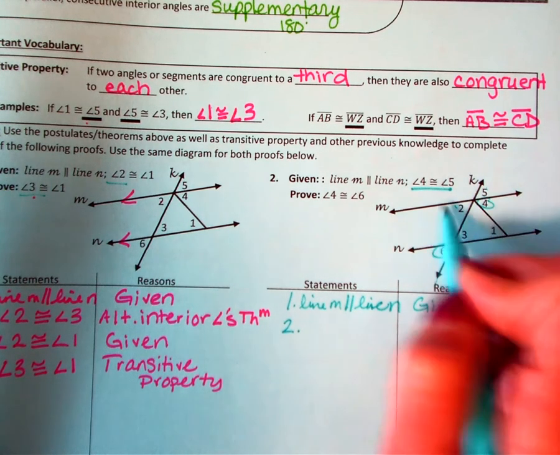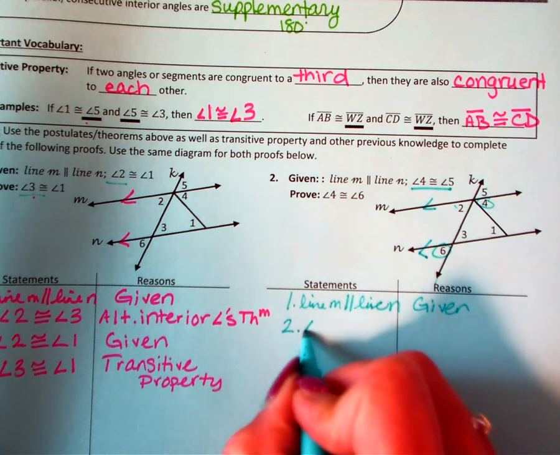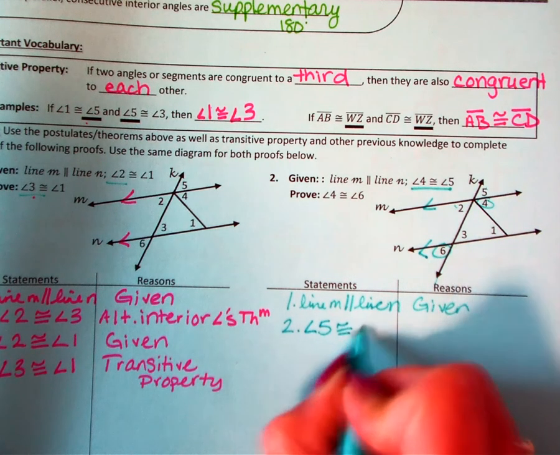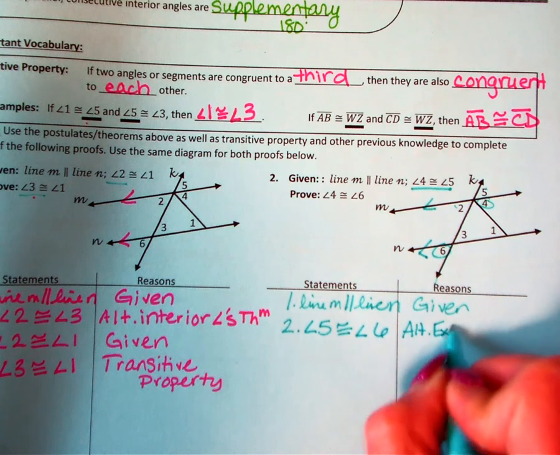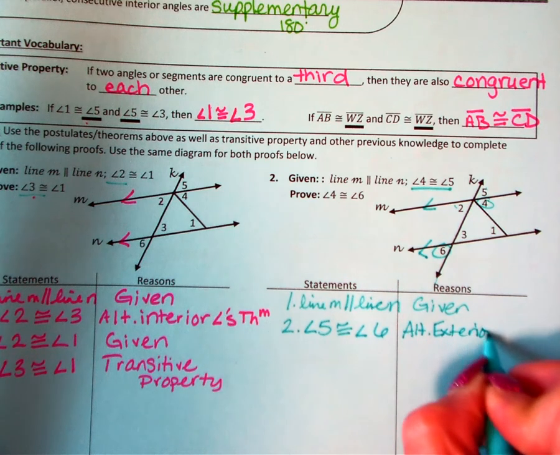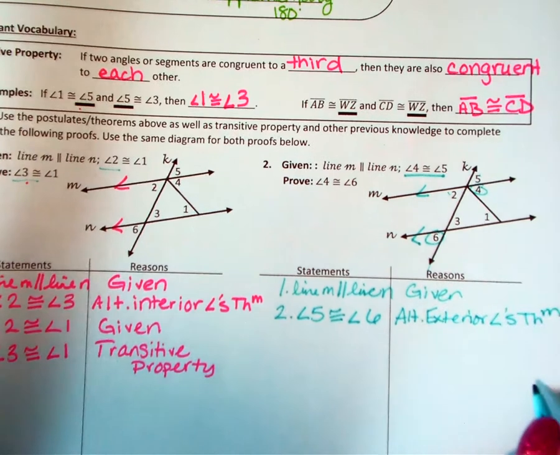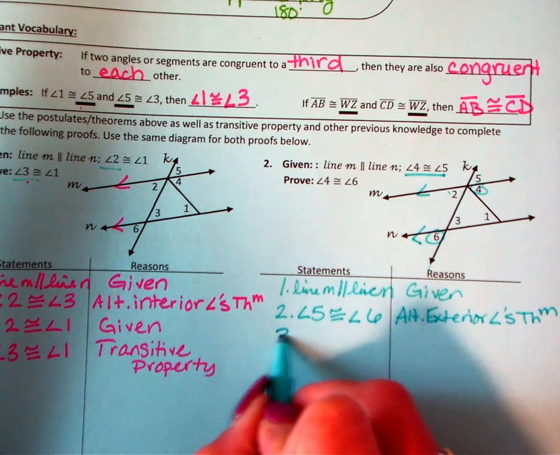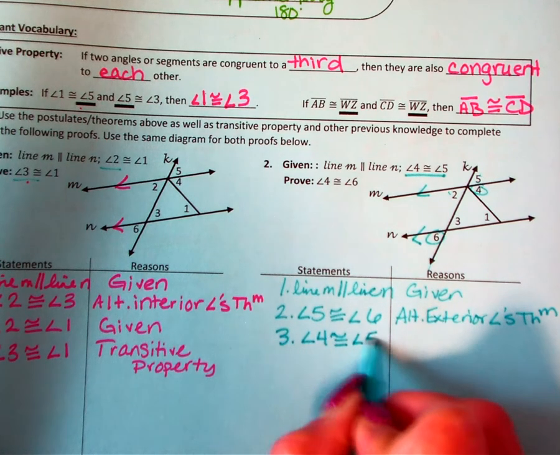Based on the transversal here, with my parallel lines of M and N, I can say angle 5 is congruent to angle 6, and that's alternate exterior angle theorem. Okay, and we are given angle 4 is congruent to angle 5.